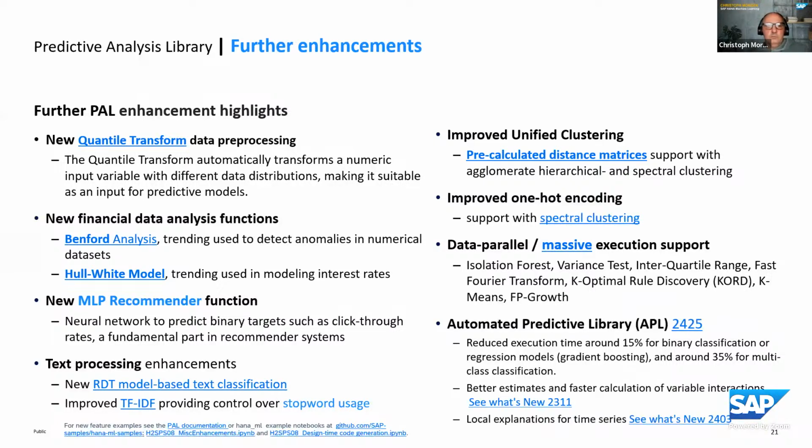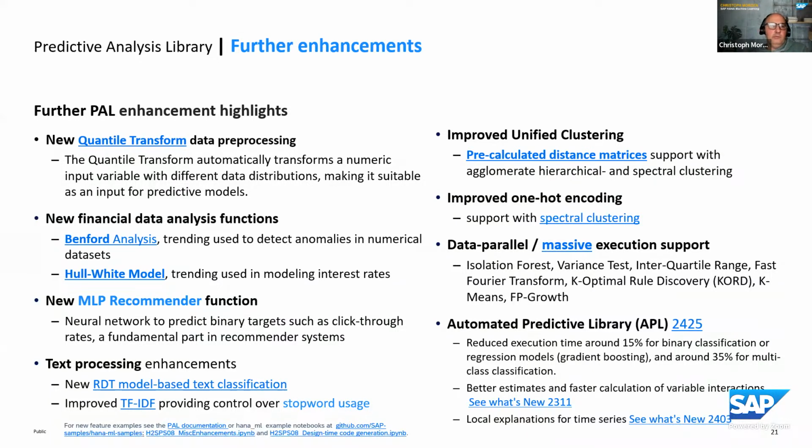As general enhancements, beside what I've showed in the categories, there's a new pre-processing function like the quantile transform for normalizing basically the input distribution to a normalized output distribution. For some of the algorithms that's suitable for building more robust models.